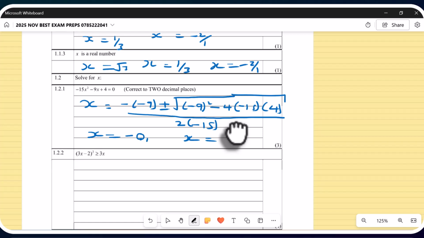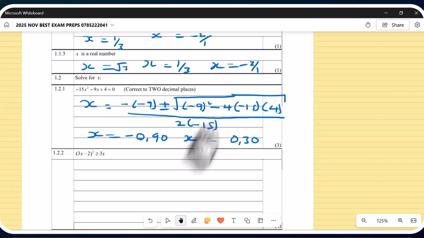This 9 here, 9 times 4, I get 36. Now 36 is the same as 3 times 12, so I'm going to put it here. I'm going to say 9x squared, and then minus 3x minus 12x here, then plus 4.